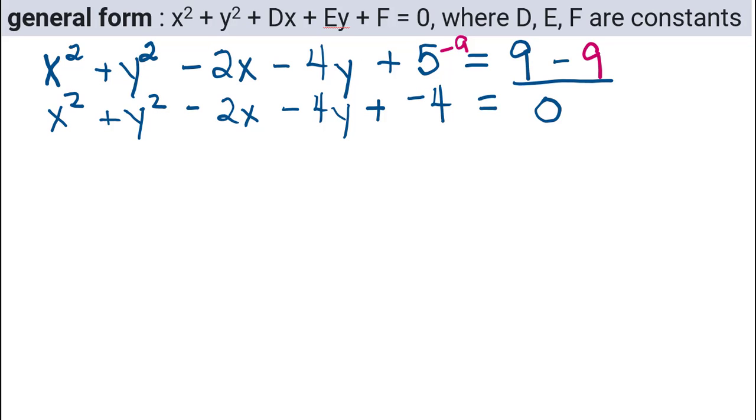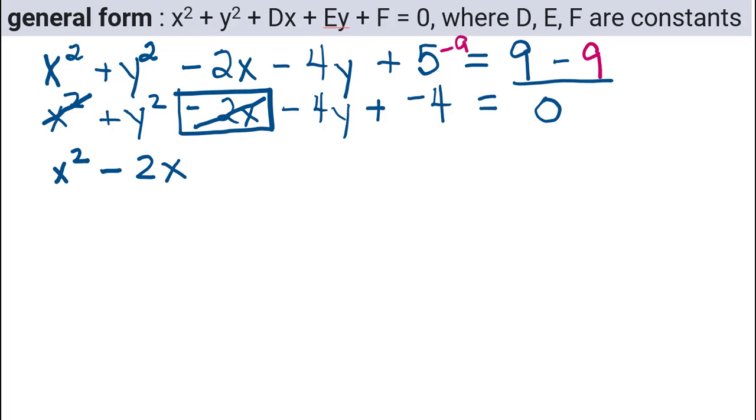Now I want to combine like terms, starting with your x squared. So bring down your x squared. Move through your equation and pull down any other terms that have an x in them. So I have a negative 2x.